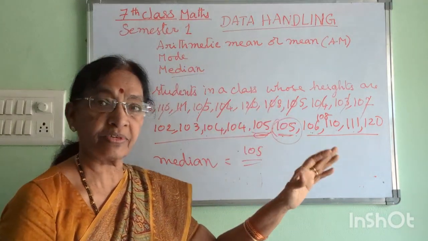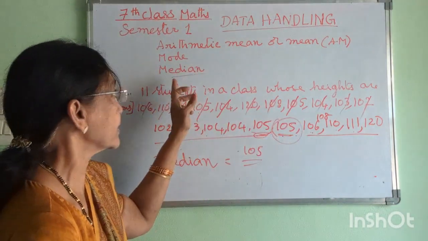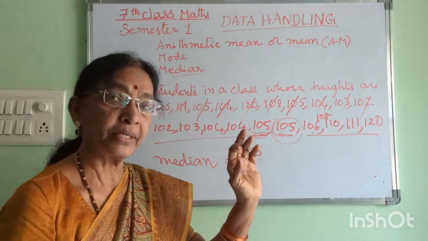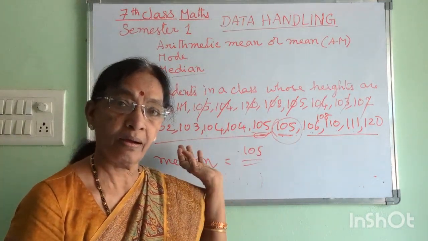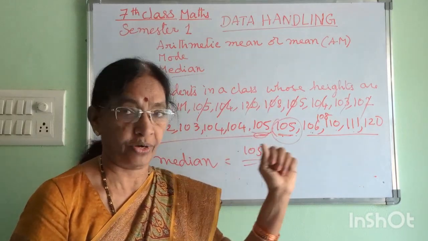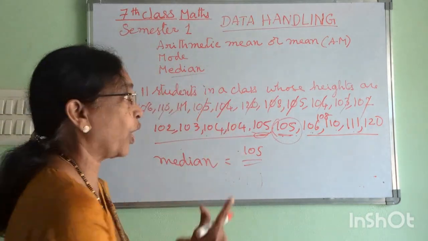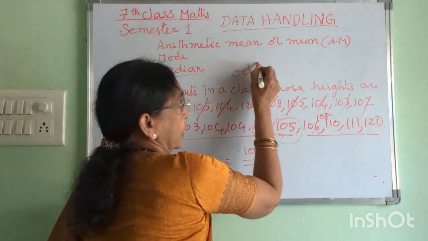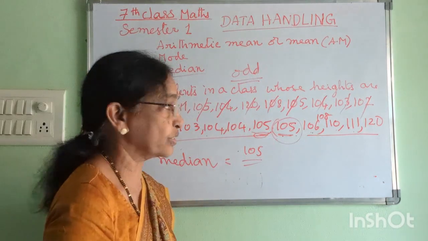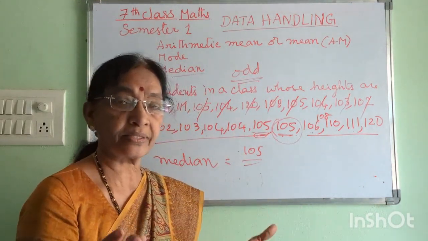So arithmetic mean is the average, the sum of the total observations by the number of observations. Mode is the observation which occurs the maximum number of times. Median is the middle observation when all the data is written in an order. Generally median is taken for an odd number of observations, because only then there is a middle observation with equal numbers of observations on either side.